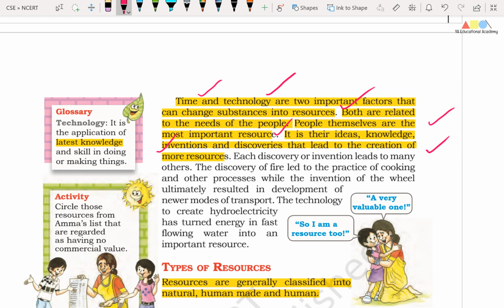Right friends, we will learn some glossary, that is technology. What is technology? It is the application of latest knowledge and skill in doing or making things. Friends, as we all know, the increasing role that has been played by technology in our day-to-day lives.